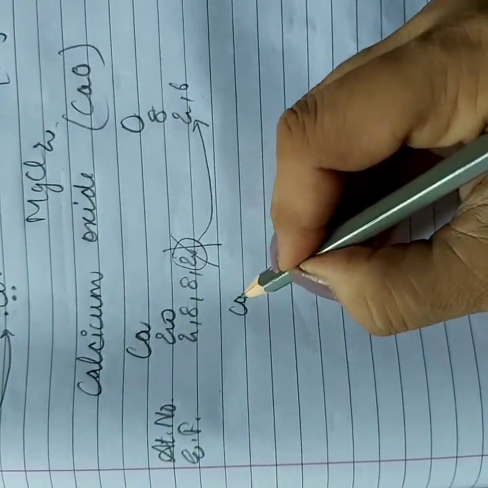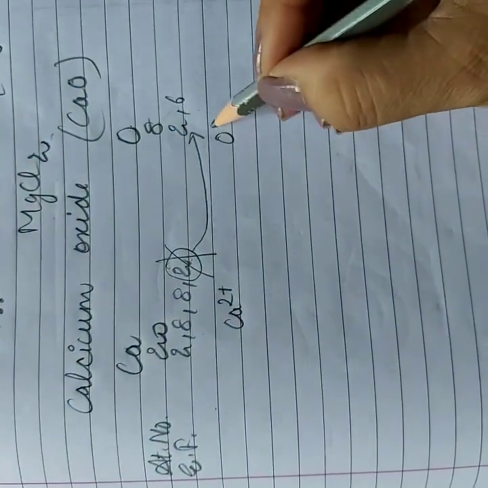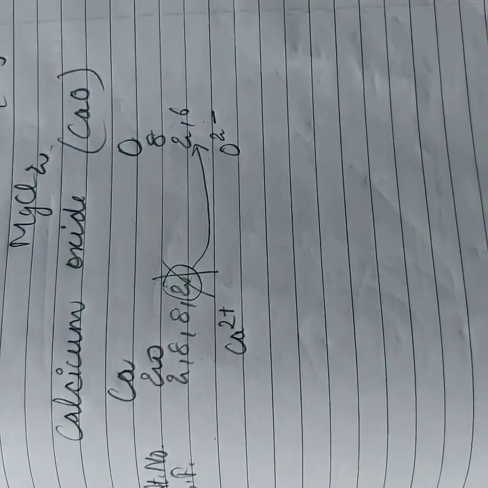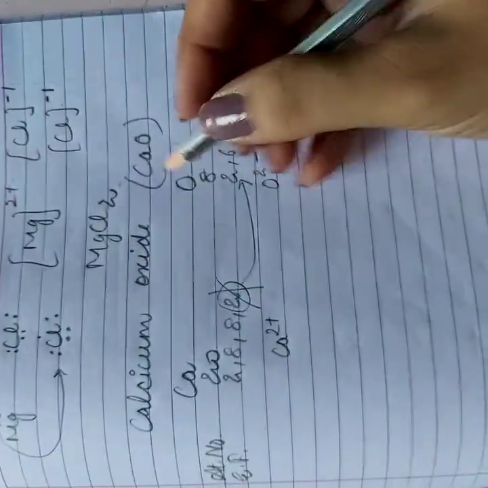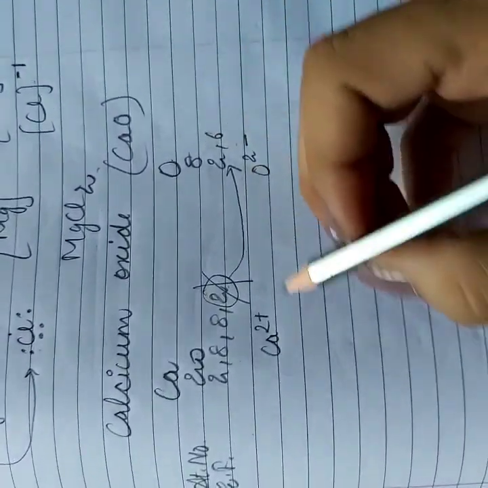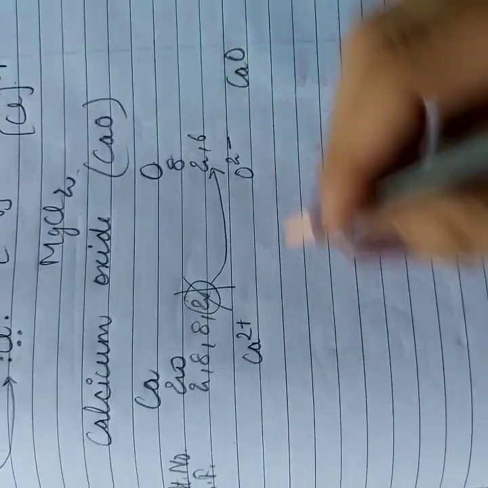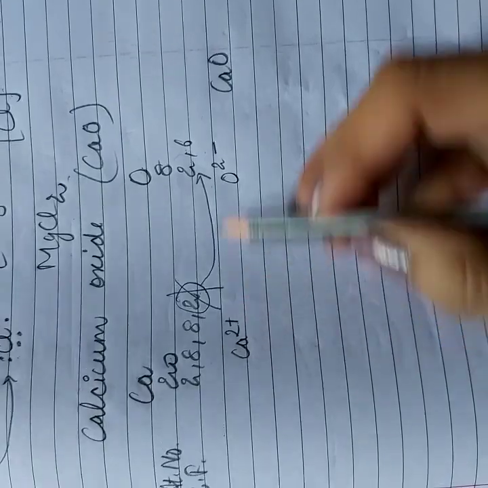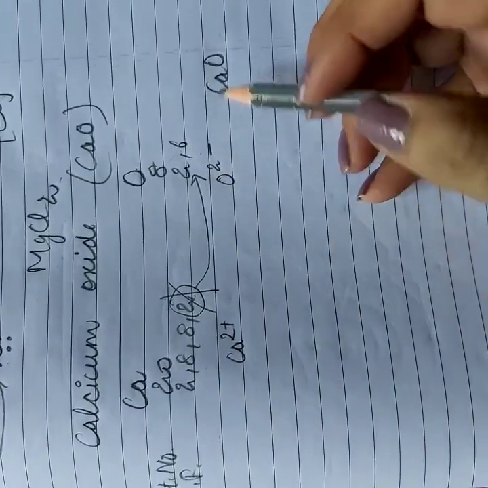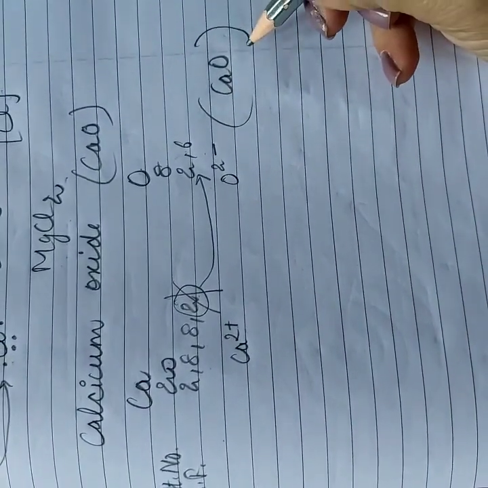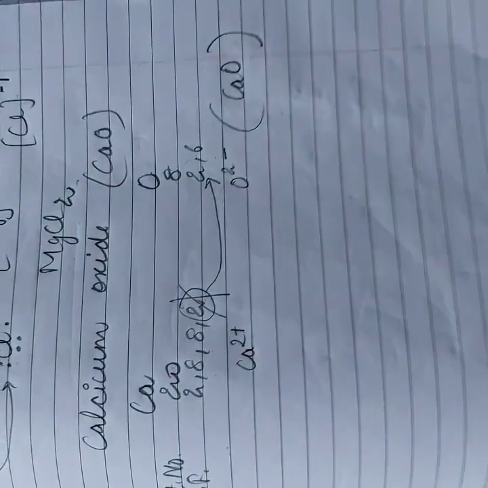So calcium will carry +2 charge and oxygen will carry 2 negative charge. When you write the molecular formula, then only CaO will be there because the +2 and -2 charges will cancel each other. So the molecular formula will be CaO.